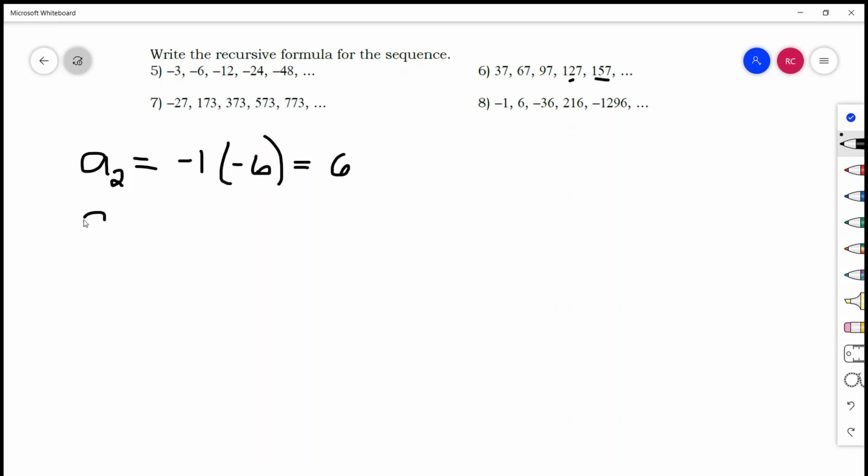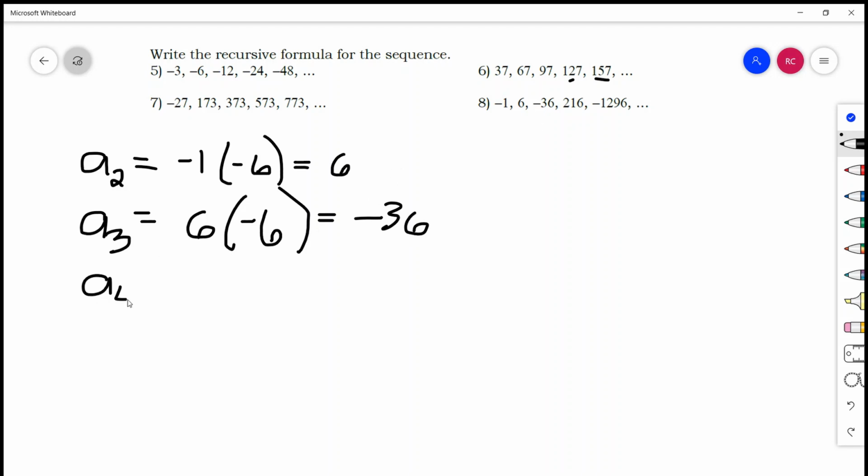Okay, next, the third term. Third term is 6 times negative 6. So we have negative 36. So the third term is negative 36.